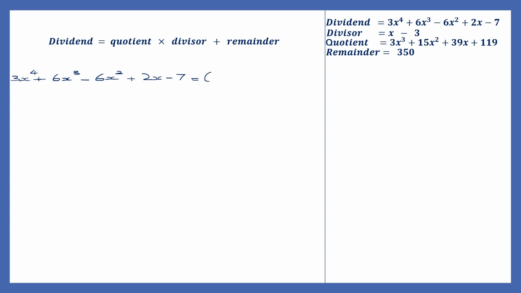So quotient is also given to us: 3x cube plus 15x square plus 39x plus 119, into the divisor which is x minus 3, then plus remainder which is 350. So here we have a left hand side, we have an equal to sign and a right hand side.